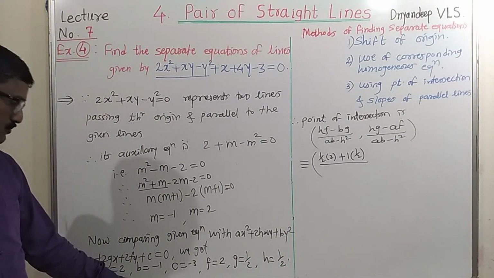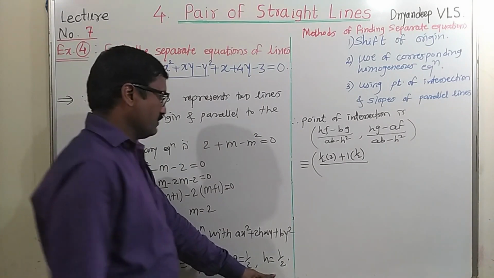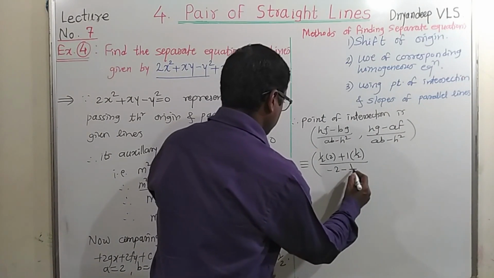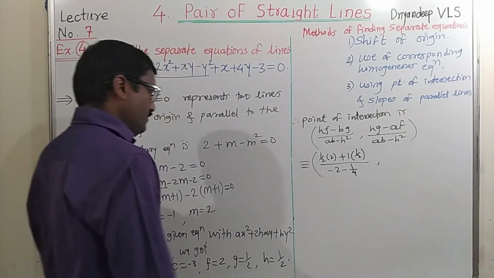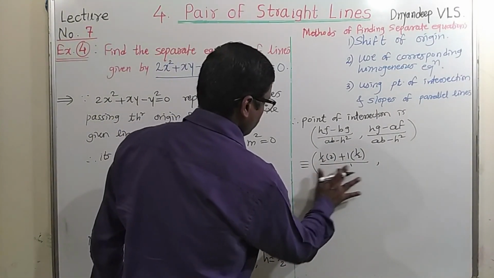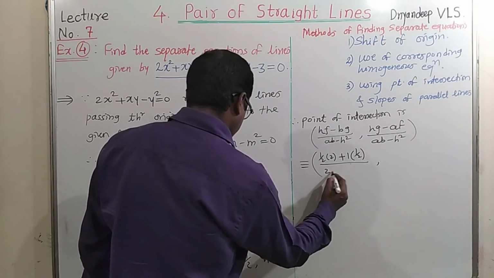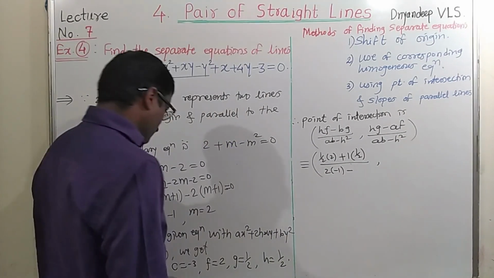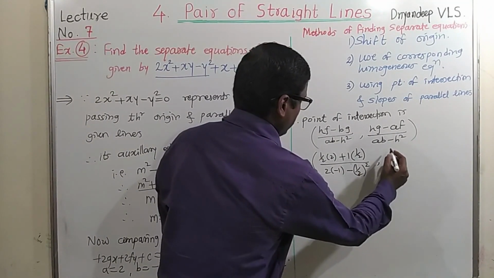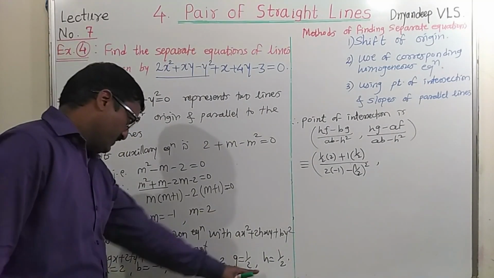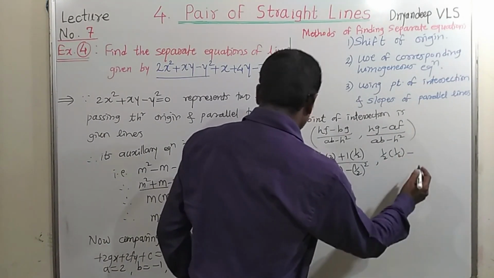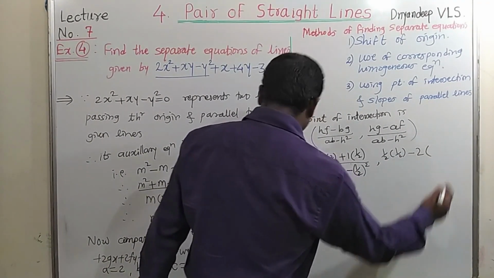AB is minus 2 minus H square, that is 1/4, minus 2 minus 1/4, comma, or you can just first show the substitution and after that we will write the answer directly. H square is half square. And HG, H is half, G is half, so half into half minus A is 2, F is 2.